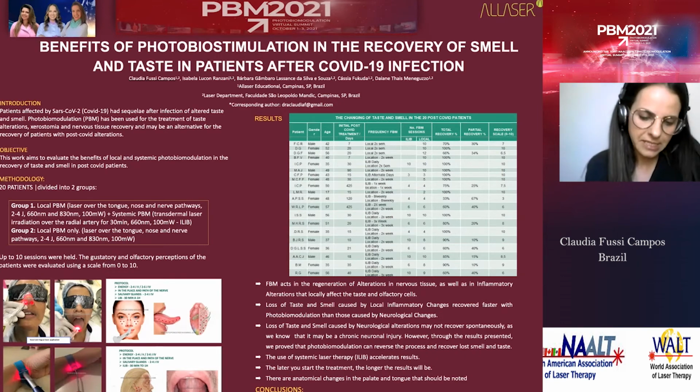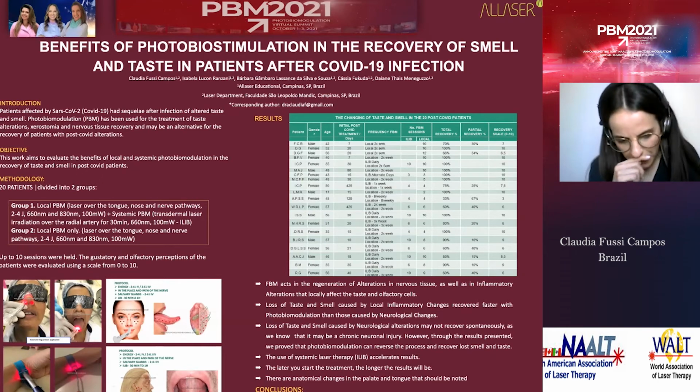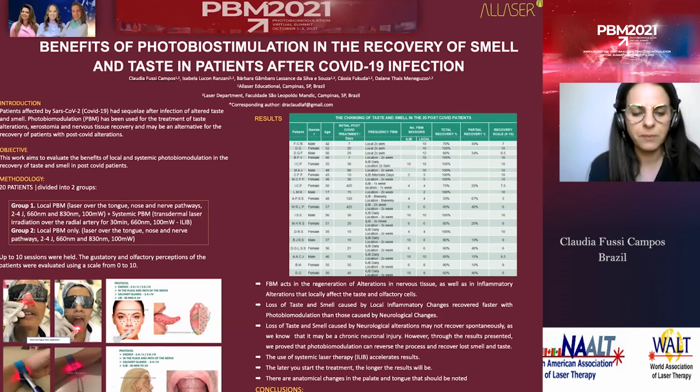Loss of taste and smell caused by neurological alterations may not recover spontaneously, as we know. That may be a chronic neuronal injury. However, through the results presented, we showed that photobiomodulation can reverse the process.